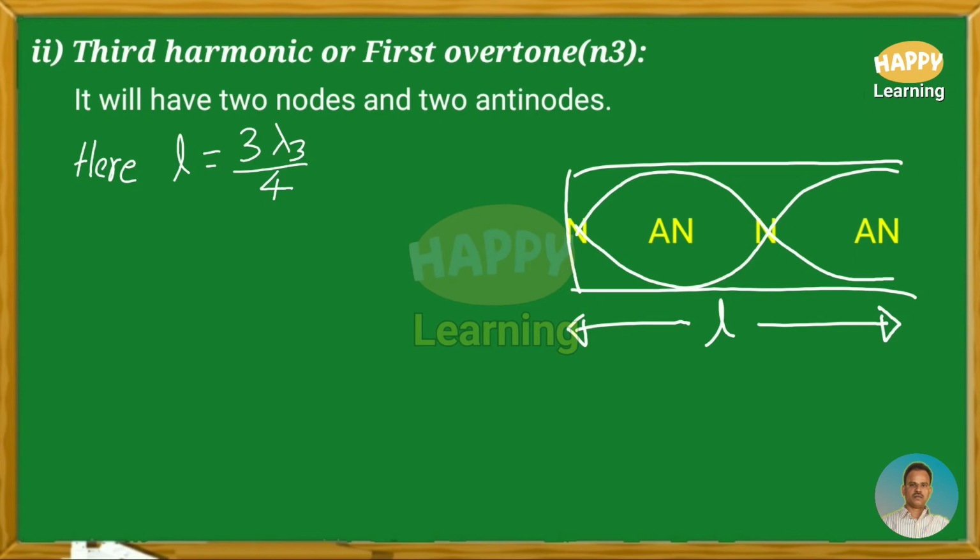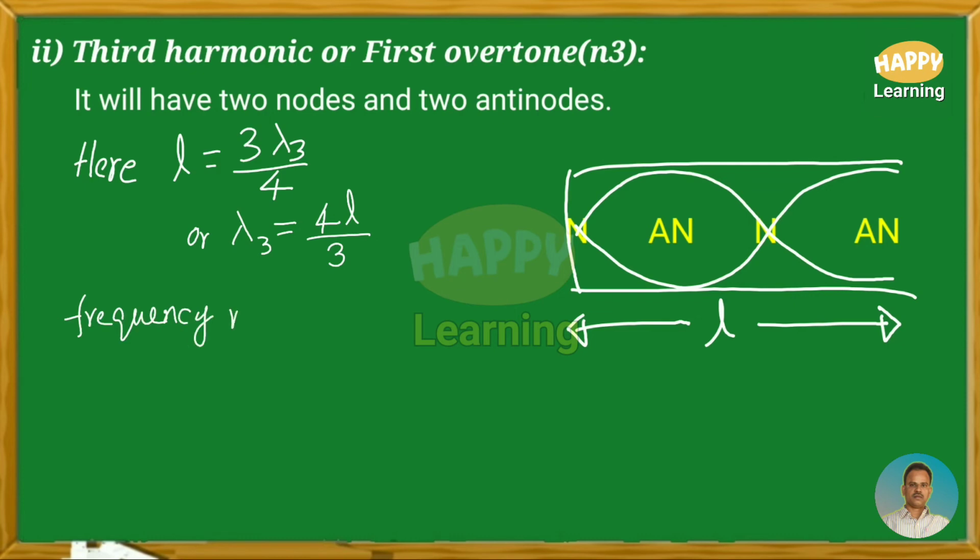So 1.5 loops is equal to 3 times lambda by 4. As it is the third harmonic, we are using the symbol lambda 3. Therefore L is equal to 3 lambda 3 by 4, or lambda 3 is equal to 4L by 3.